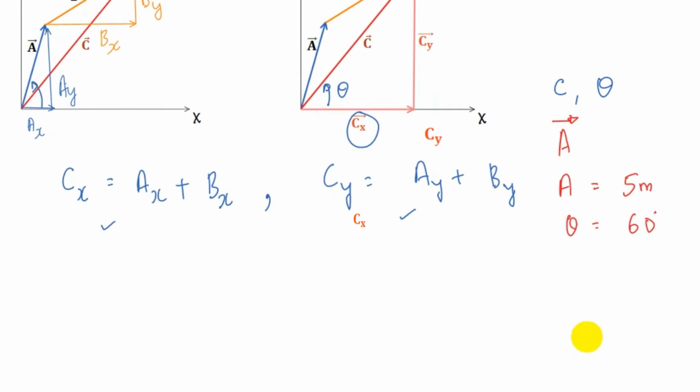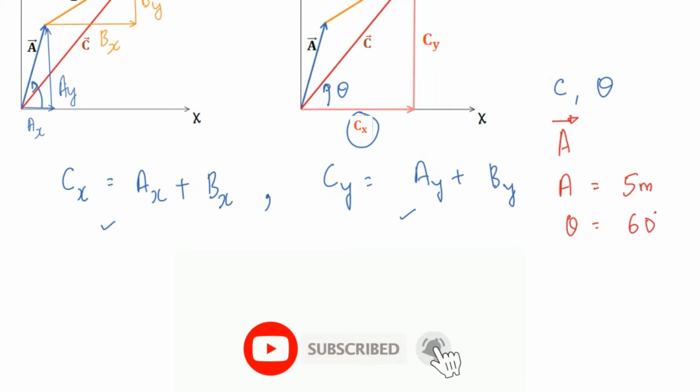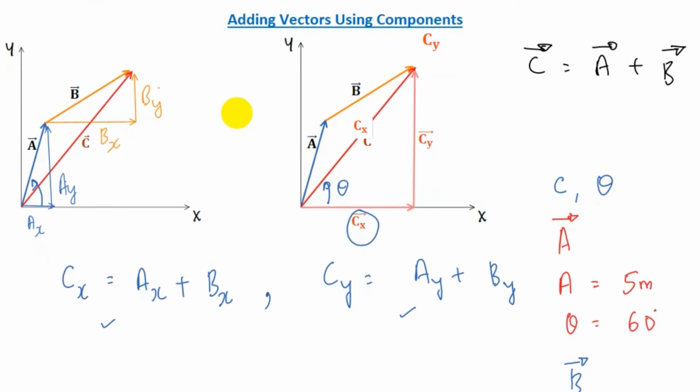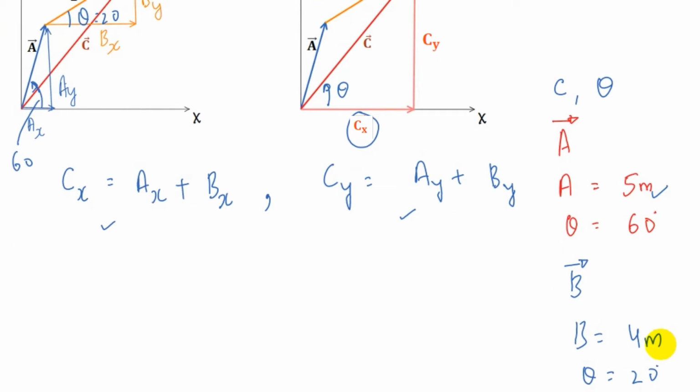For vector B, the magnitude is 4 meter and theta we can take to be 20 degrees. Let me represent this also on the figure. Here we have theta A, which is 60 degrees, and this theta is 20 degrees, and the magnitudes are 5 meter and 4 meter respectively for the A and B vectors.